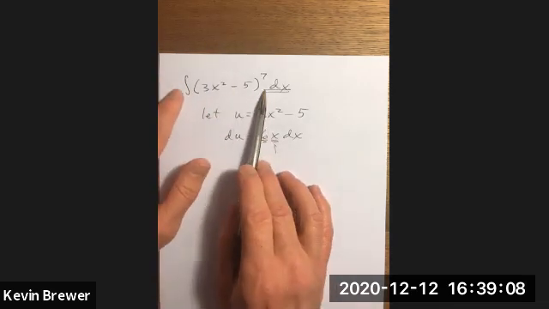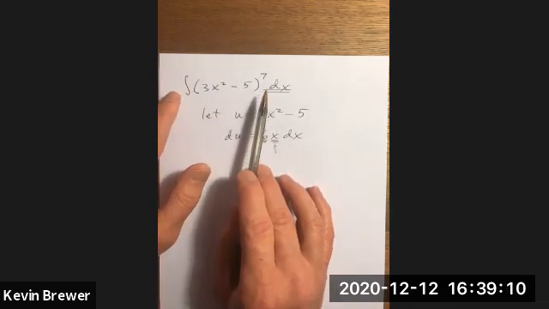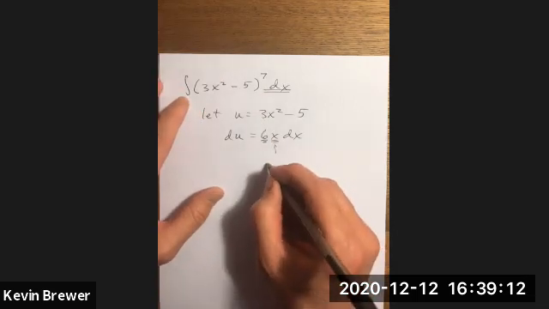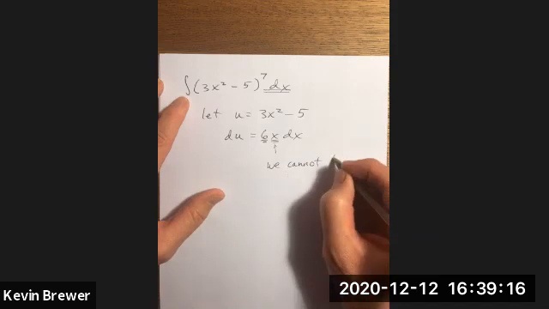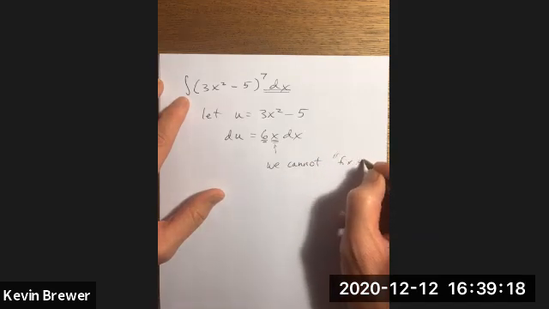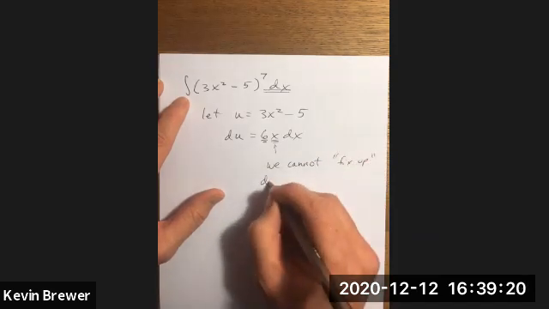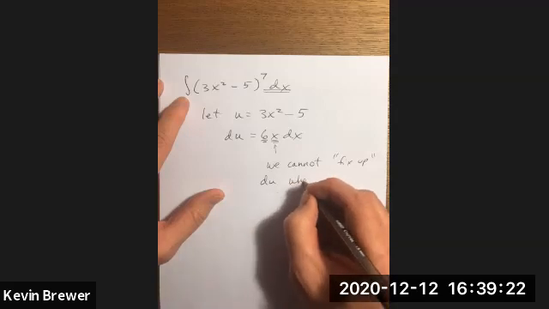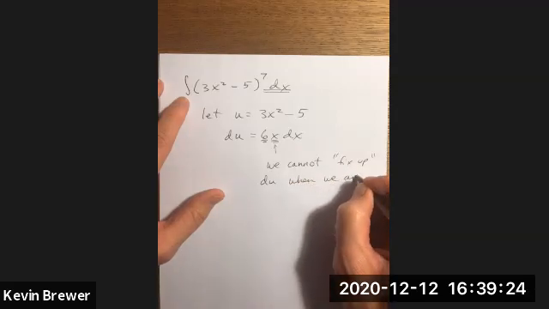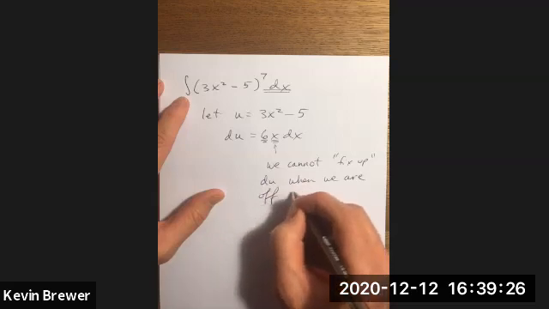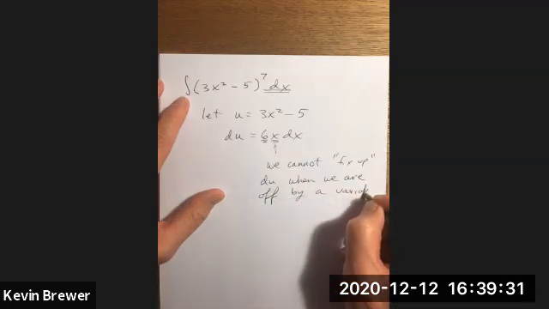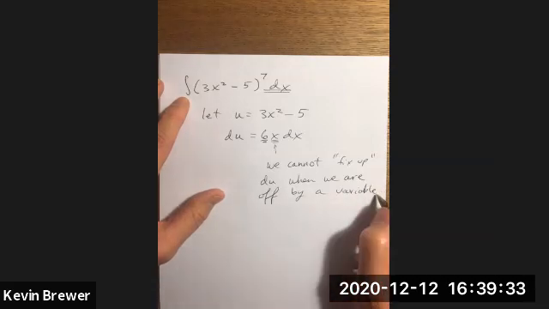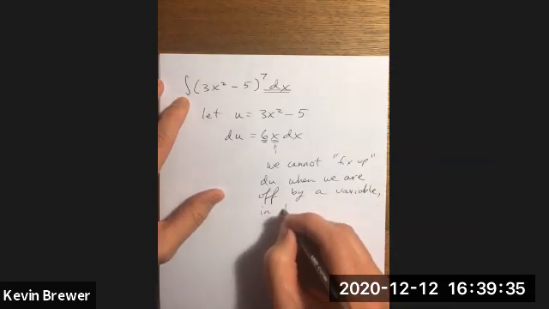You can do it with constants, but you cannot do that with variables. So we cannot fix up du when we are off by a variable. At least we cannot do it in the same way.